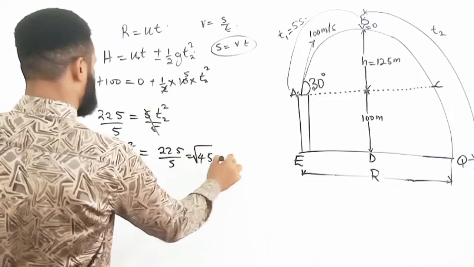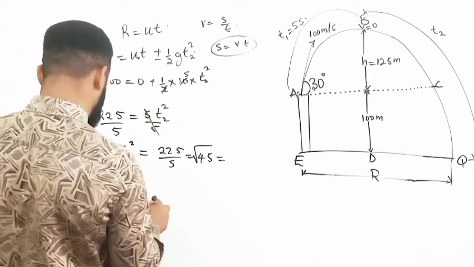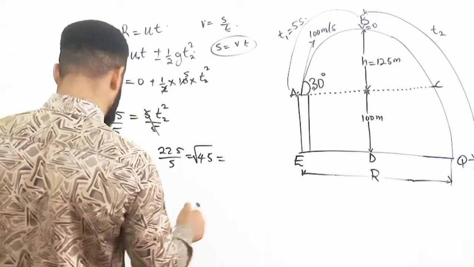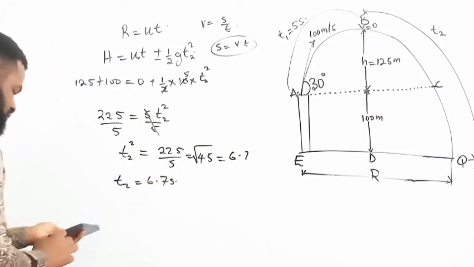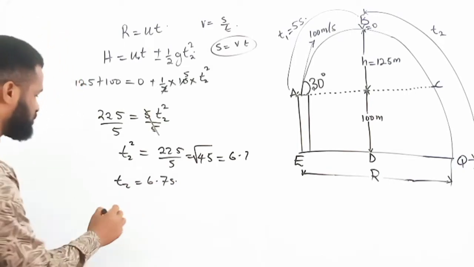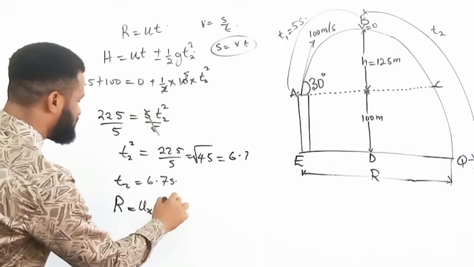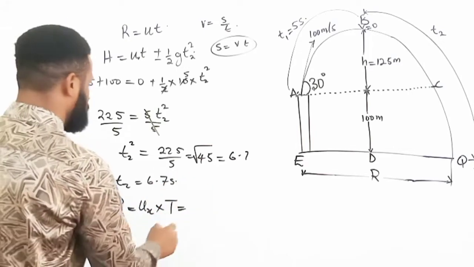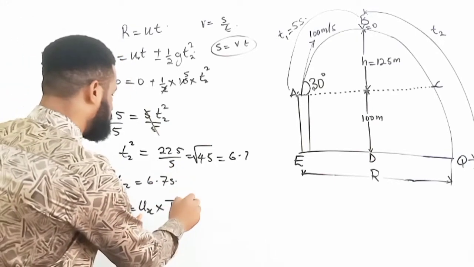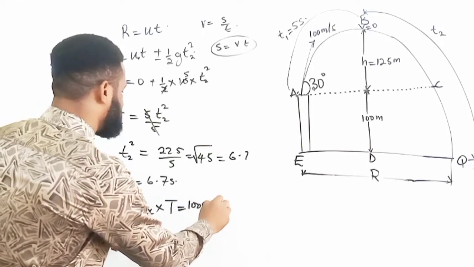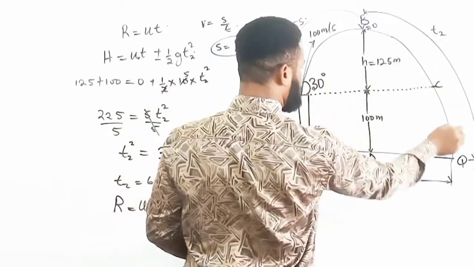Then the square root of 45 is going to be 6.7. Therefore, t2 is going to be 6.7 seconds. So I have to find R is equal to Ux multiplied by T. Ux is the horizontal component of the speed, which is 100 cos 30, then times the time it takes to go from here all the way to this place.